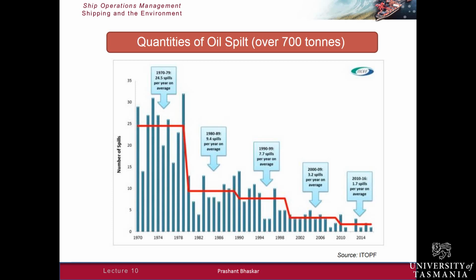If you think back to the growth of seaborne oil trade, except for a little bit of fall in the early 1980s due to the worldwide economic recession at that time, there has been a steady increase in seaborne oil trade. And as you would think that increased movements would normally imply an increased risk of oil spills, the data here shows that there is a downward trend. So that is certainly something very encouraging.